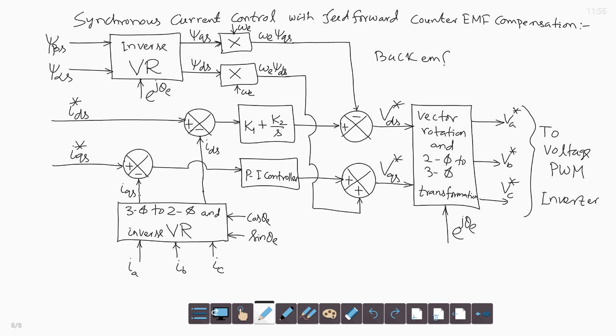Back EMFs are omega e psi d s and omega e psi q s. This compensation is used to get the command value of the voltages, and this goes to a sinusoidal pulse width modulation inverter to get the control voltages VA, VB, VC command values.